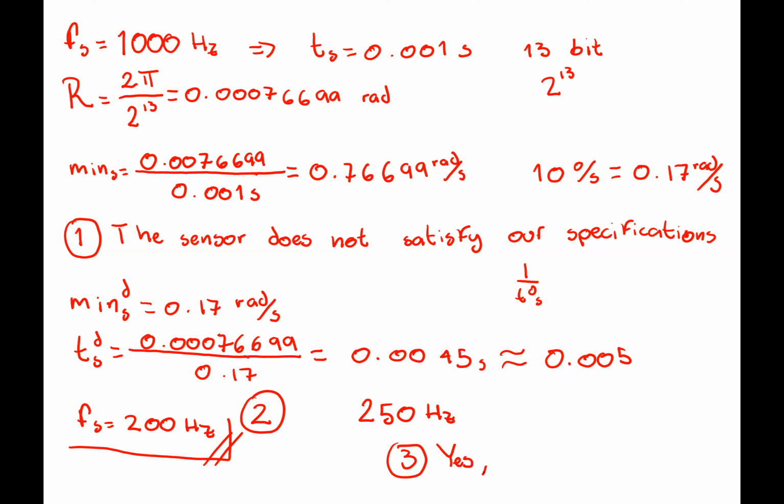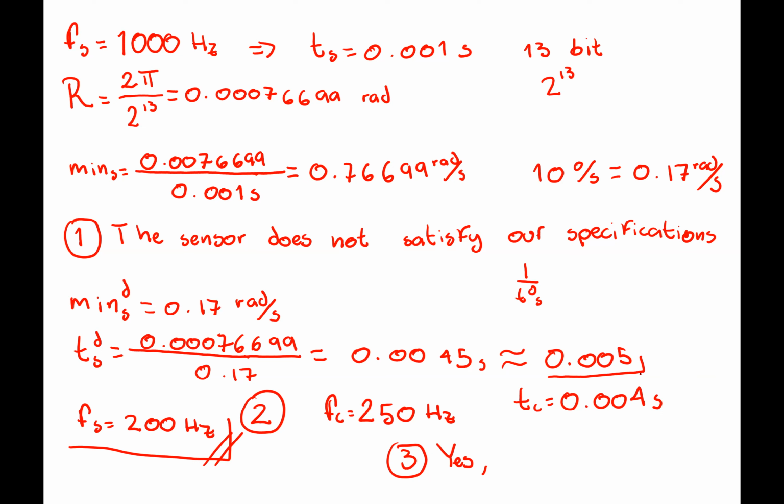So if our FC is equal to our control frequency, it's 250 hertz, that means we want to provide control signals every 0.004 seconds, which is the inverse of the control frequency, and we're only providing measurements every 0.005 seconds.